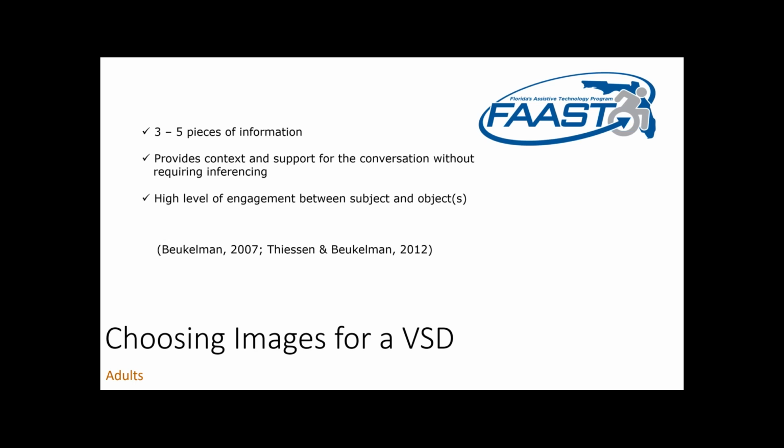When choosing an image, Buchelman did a great presentation where he talks a lot about some of those elements that are really necessary. He specifically highlights that a photograph should have 3 to 5 pieces of information. So again, think about how partners can also support the communication attempt with somebody who's using a visual scene display.